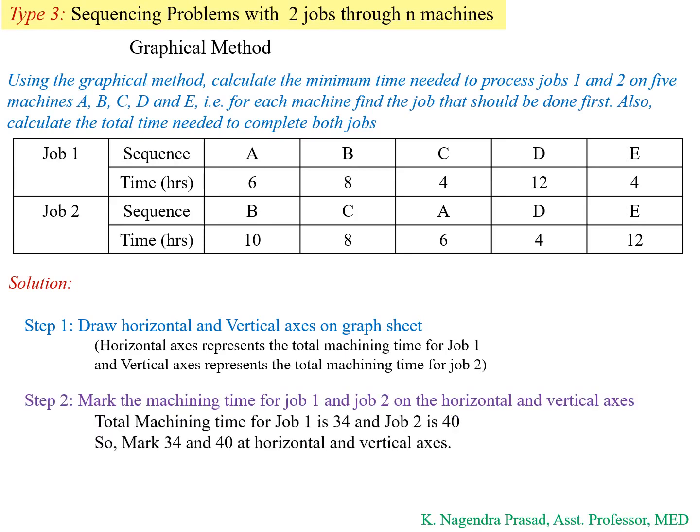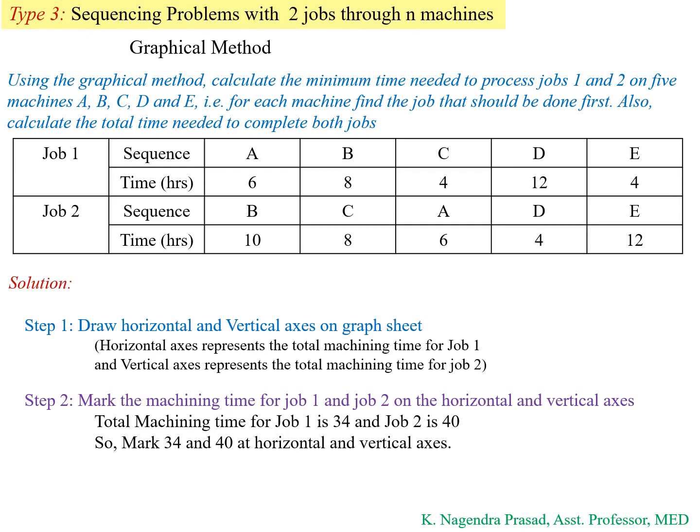Step 2 is to mark the machining times for job 1 and job 2 on the horizontal and vertical axes. In the problem, the machining time for job 1 is 6 on machine A. Similarly, machine B is 8, machine C is 4, machine D is 12 and machine E is 4.